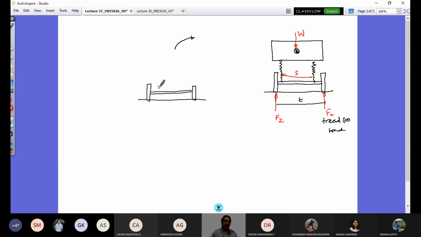And since it is taking a turn here, there is load transfer from my right to the left. So the vehicle sprung mass would have rolled by an angle like this, and this side spring would be like this, and this side spring would be like this. And it is about the mean position, right?